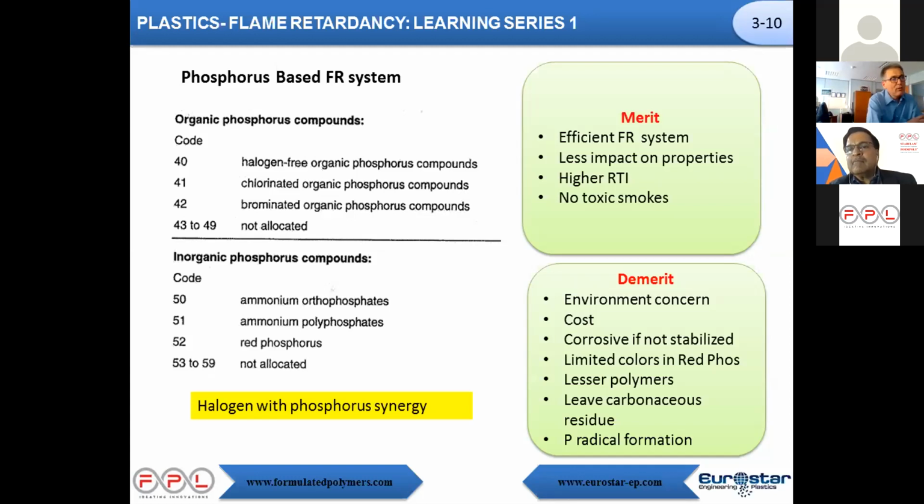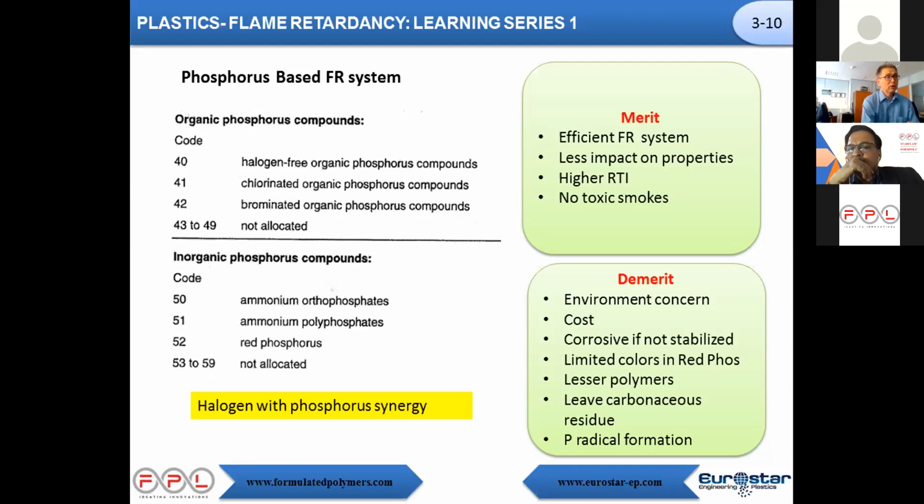On the other hand, we also have a formulation with inorganic phosphorus, and mainly we are talking about red phosphorus, which is still a very active and efficient material, because in this one you can have very nice properties with glass fiber and get a V0 material with almost the properties of a non-flame retardant material.